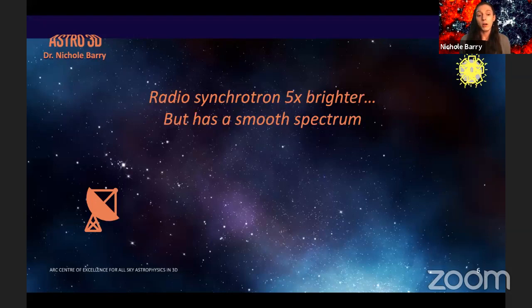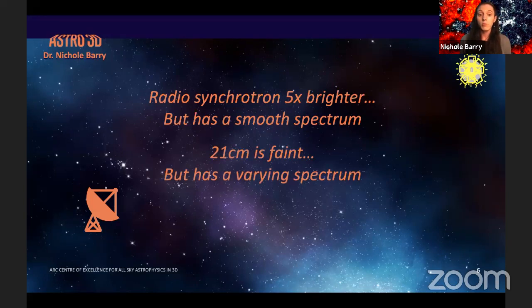And so all of the radio synchrotron sources between us and the Epoch of Reionization are extremely bright and drown out that signal. But they have a smooth spectrum, whereas the 21 centimeter spectrum is varying as a function of frequency. And so what you can do is you can take a Fourier transform and naturally separate these signals from one another.